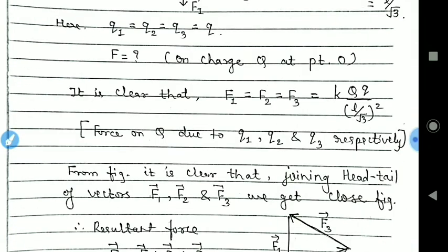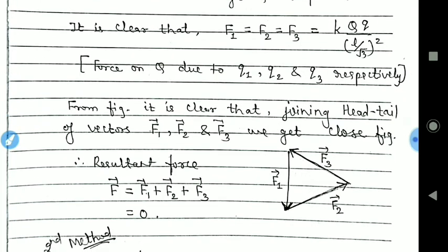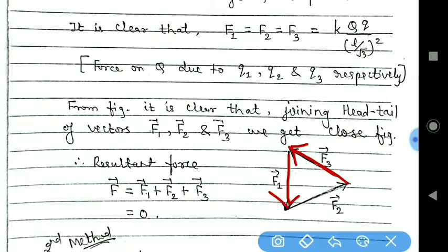Finally, if we use the vector relation we have seen in the chapter of vectors in 11th standard, that if by joining the head and the tail of the vectors we get a closed figure, then the result of that will become 0.